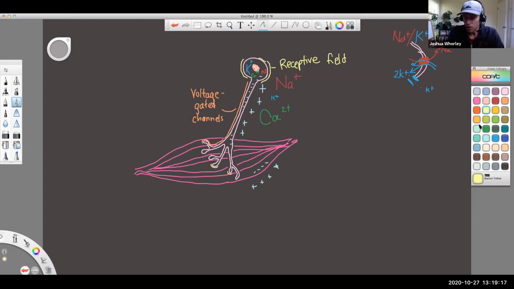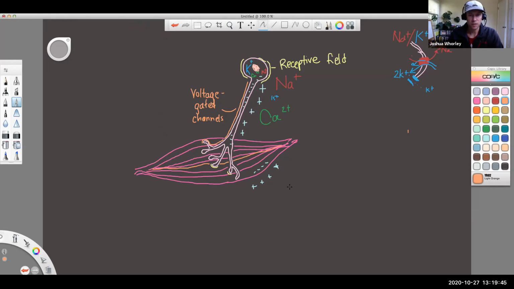And then all along the rest of this muscle cell, I'm just going to draw out here, this is where you would have gated channels that are responsive to changes in potential, or electrical, that are responsive to electrical stimuli. Okay.